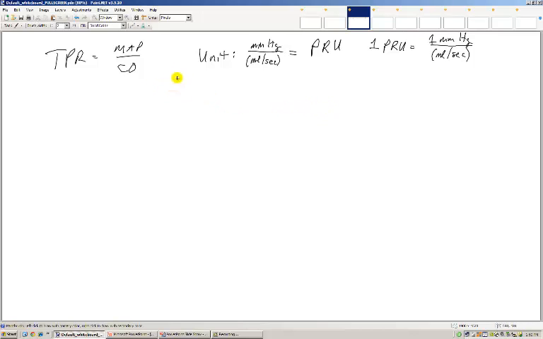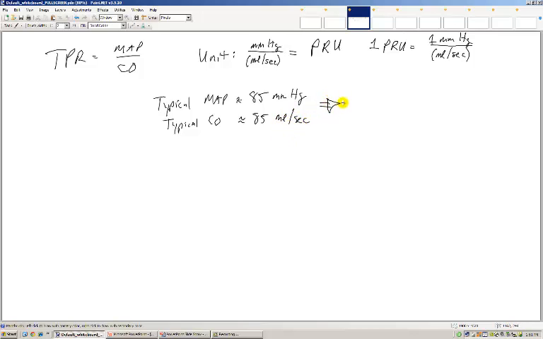So if you measure pressure and cardiac output, typical mean arterial pressure is about, we said, 85 millimeters mercury. And typical cardiac output is approximately 85 milliliters per second.